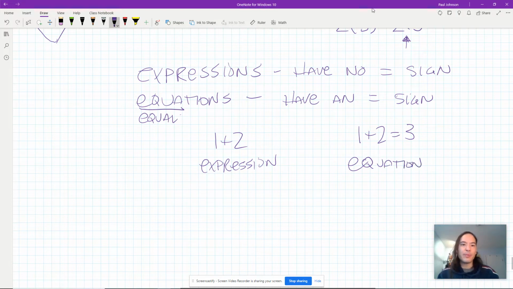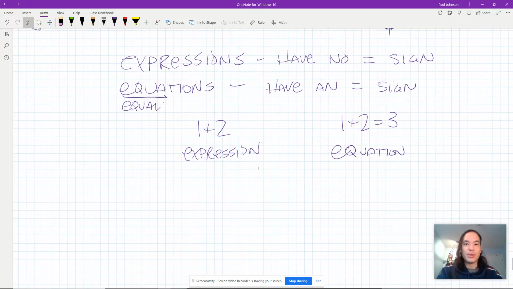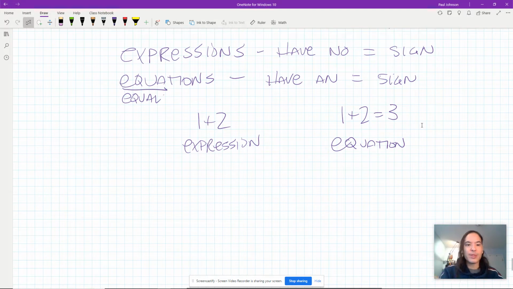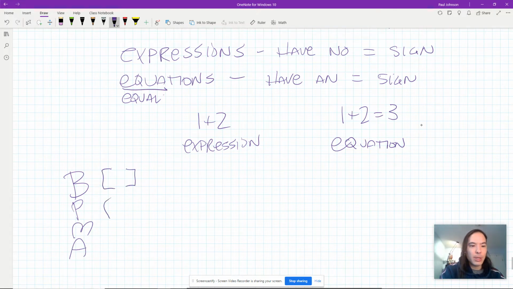So right now we're simplifying expressions, and simplifying expressions means that we're using the order of operations. Boone practices math always. Remember, that's brackets, parentheses, multiplication and division, and addition and subtraction.